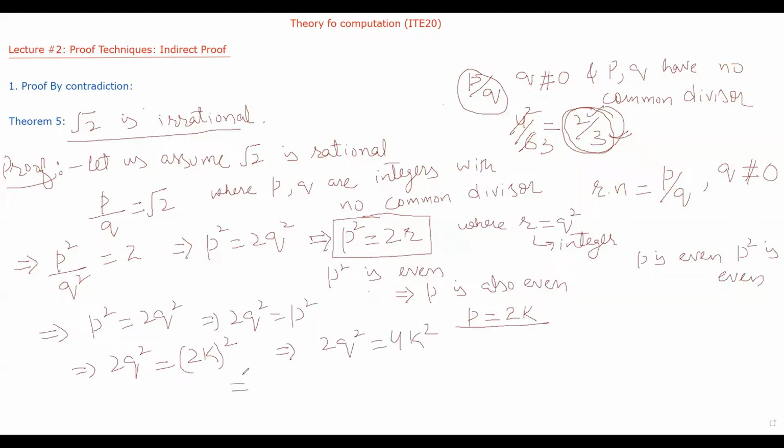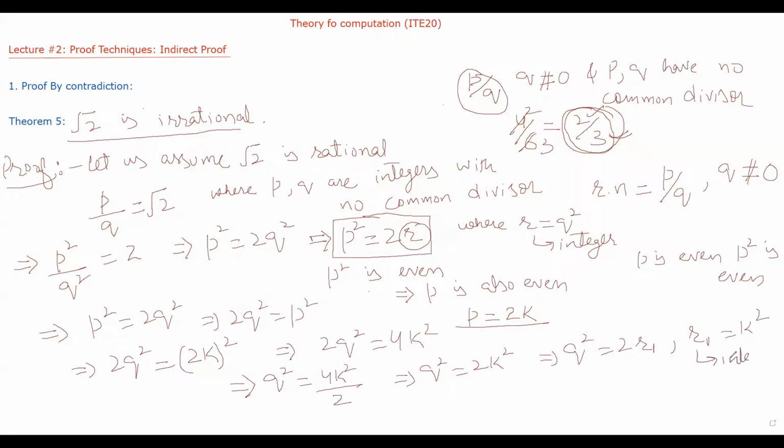From this, taking 2 to the other side, it will be divided: q square is equal to 4k square divided by 2. This implies q square is equal to twice k square, which is twice r1. Let's keep r1 because we have already used r, so r1 is equal to k square, and this is an integer.